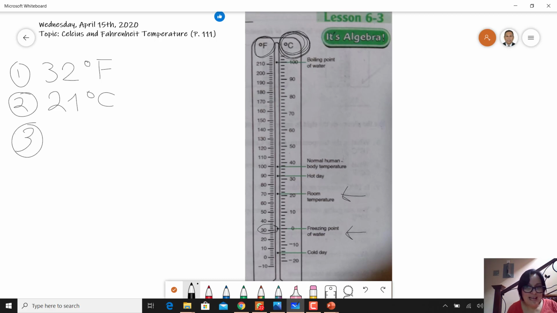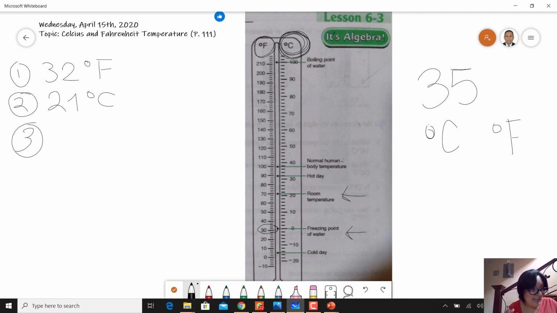Let's do number 3. Number 3 says, you are wearing a winter coat, a sweater, a winter coat. Is the temperature 35 Celsius degrees or 35 Fahrenheit degrees?